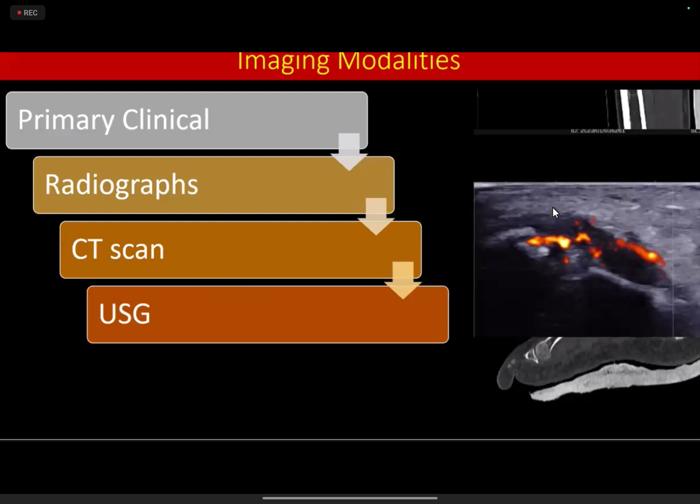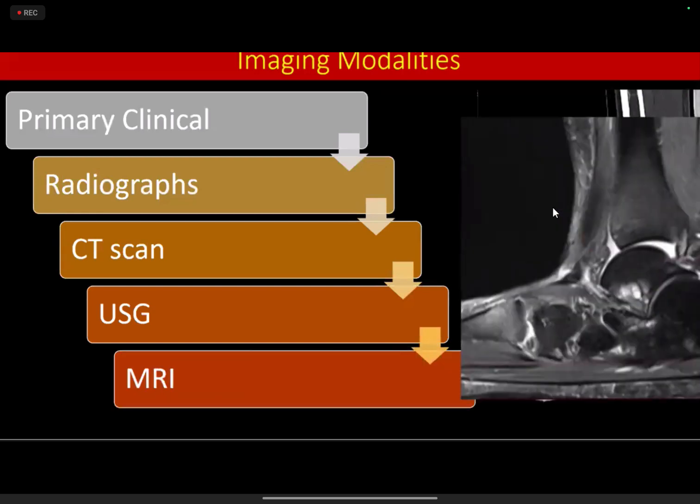Ultrasound is a beautiful tool when done by an expert. We can identify the cause of impingement, stage the disease, and intervene accordingly. However, MRI is the workhorse for most impingements, as it aids in identification of the pathology and also of other corroborative findings.